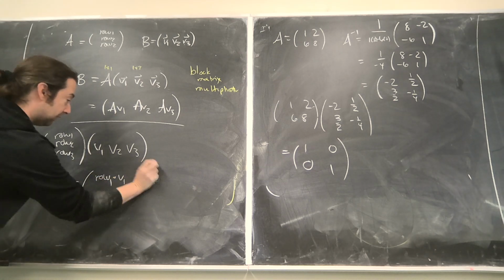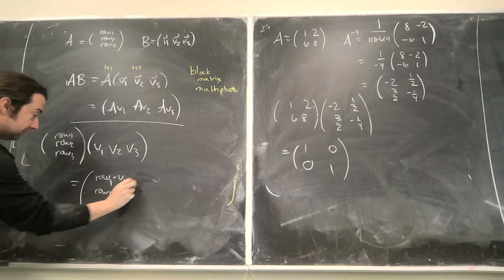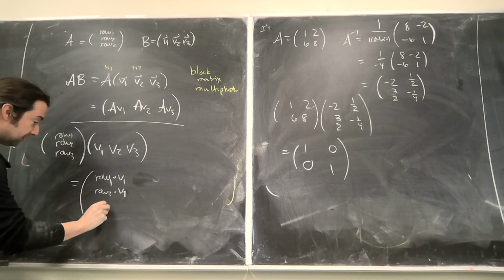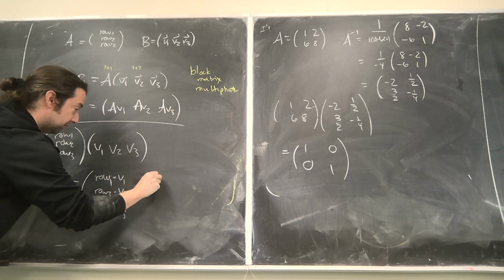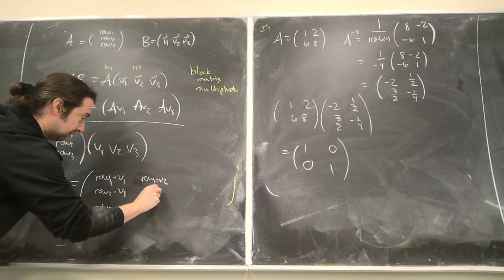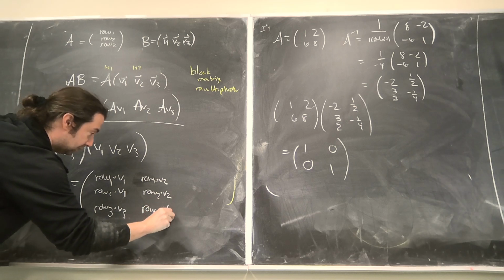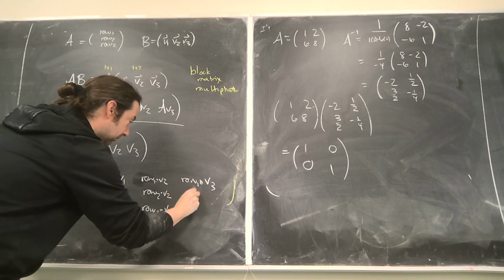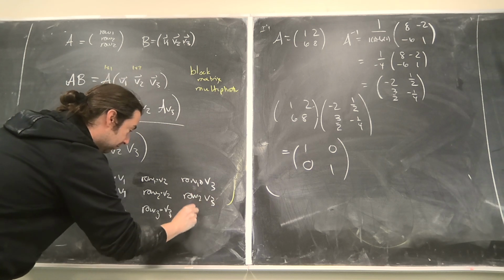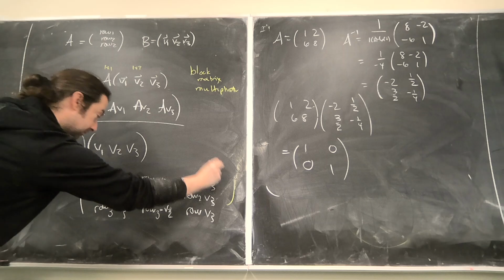So row 1 dot V1, row 2 dot V1, row 3 dot V1, and then row 1 dot V2, and so on.